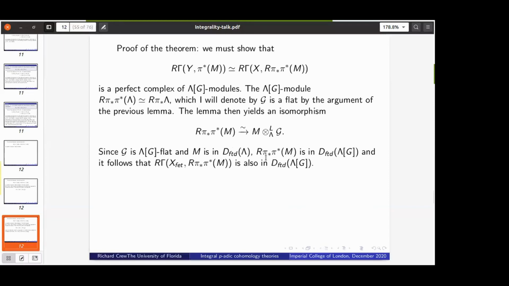Okay, so that shows that R pi lower star of pi upper star of M, again on the finite tau topos, actually has finite Tor dimension as a complex of lambda G modules, where the lambda G structure comes from this isomorphism, okay? And then if I take derived global sections, then I wind up now absolutely with a complex of lambda G modules with finite Tor dimension.